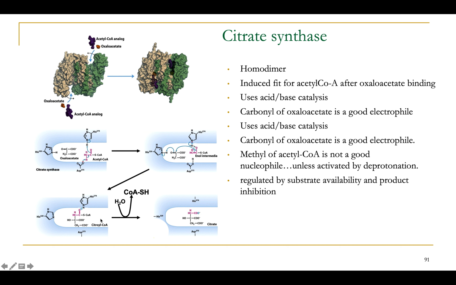The hydrolysis of this thioester, which gives rise to the final citrate product and coenzyme A, drives the backwards conformational change of the enzyme citrate synthase, converting it back to this less compact initial apo state, and this completes the synthesis of citrate.